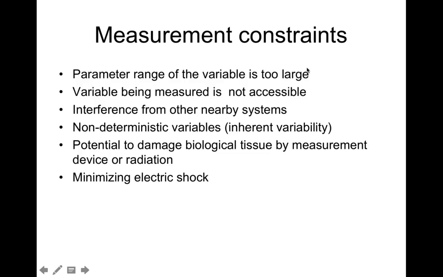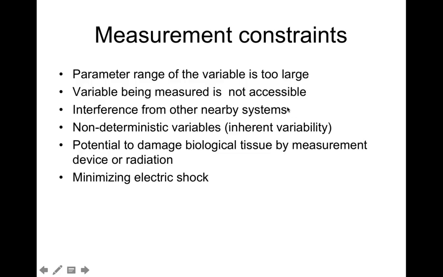And so if you exceed the operating range of your sensor, particularly if the sensor has both a linear and a nonlinear range, then you go into an area where the instrument may not be calibrated. Another limitation would be that the variable that you're measuring is not accessible. So these would tend to be more internal variables where you can't actually make a good direct measurement.